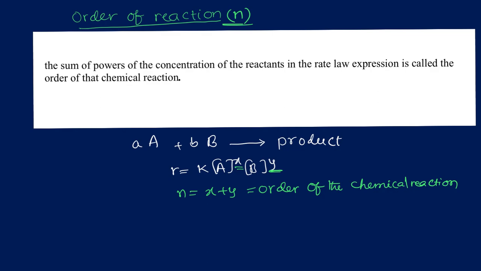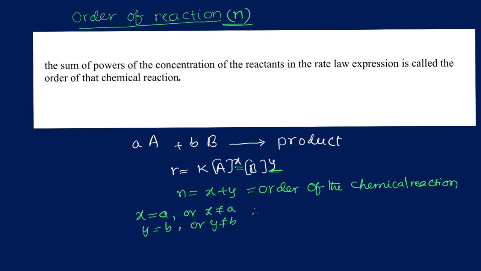Already we studied in the rate law that x is equal to a or x not equal to a, stoichiometric coefficient, y equal to b or y not equal to b. Therefore the rate law is experimentally determined. When the rate law is experimentally determined, automatically the order of reaction is also experimentally determined.